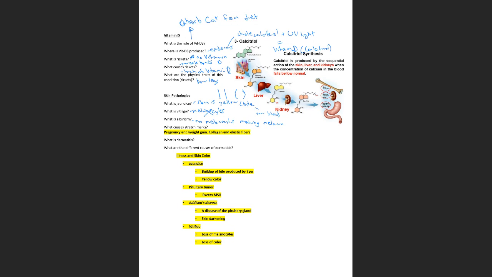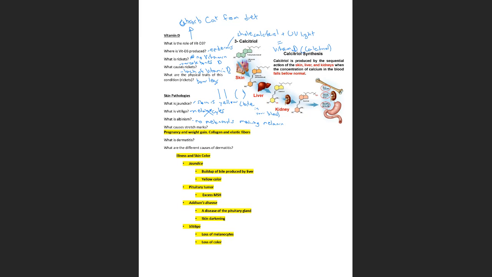Now, what causes stretch marks? Stretch marks arise from the collagen and elastic fibers losing their strength and integrity. Just like a rubber band, if you stretch it too much or past its limit a couple of times, eventually it loses its elasticity. It's not as strong as it once was. The same thing happens with skin, with pregnancy or with weight gain or weight loss.